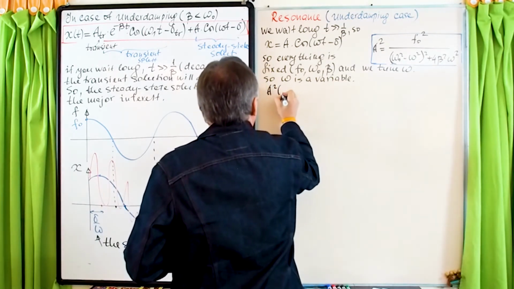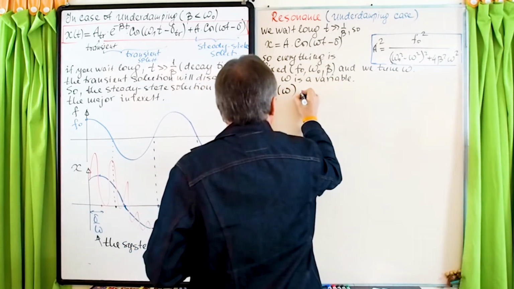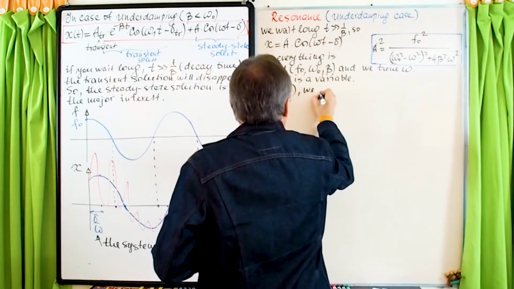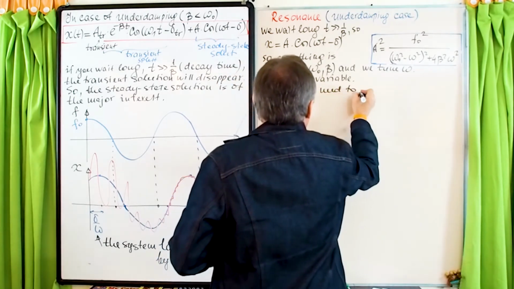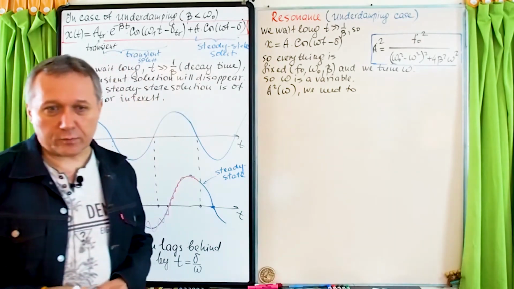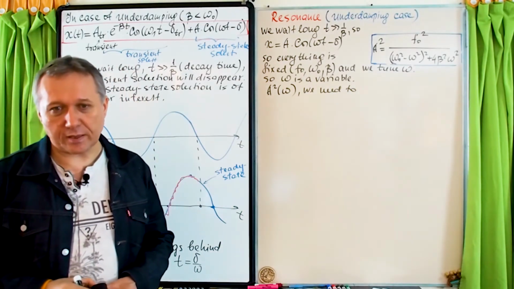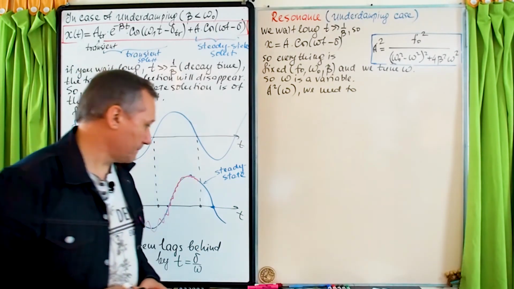So A squared is a function of omega, and we need to find the points where this is maximum.